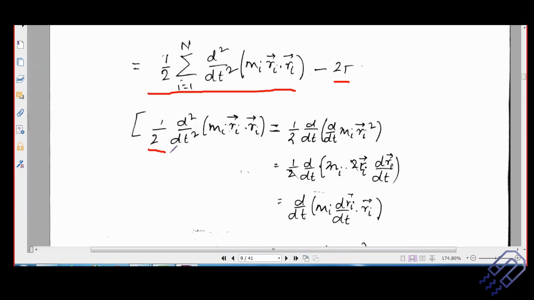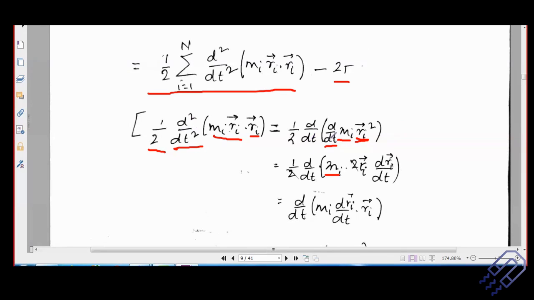Half d²/dt² into m_i r_i dot r_i. So I can take the half outside. This will be d/dt of m_i r_i dot square. Now m_i is a constant, I can just keep it outside, right? And then you can take r_i square. So if you take this term and differentiate it with respect to d/dt, see there are two d/dt's here, d²/dt².